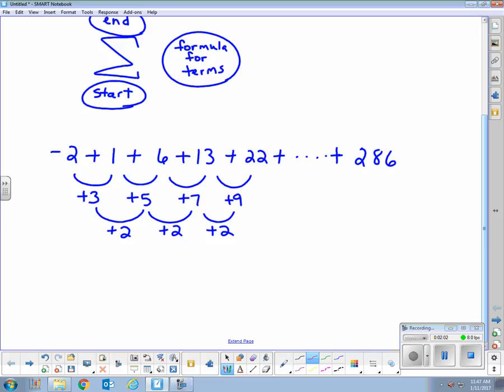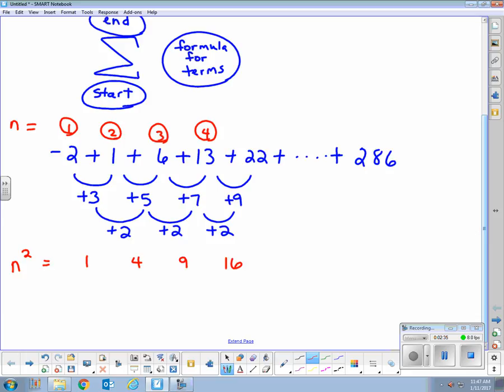So I'm going to now compare the numbers, the term position. So this is the first term, this is the second, and this is the third, and this is the fourth. So these are my values of n. I'm going to compare my actual term values with n squared. n squared would be 1 squared is 1, 2 squared is 4, 3 squared is 9, 4 squared is 16.